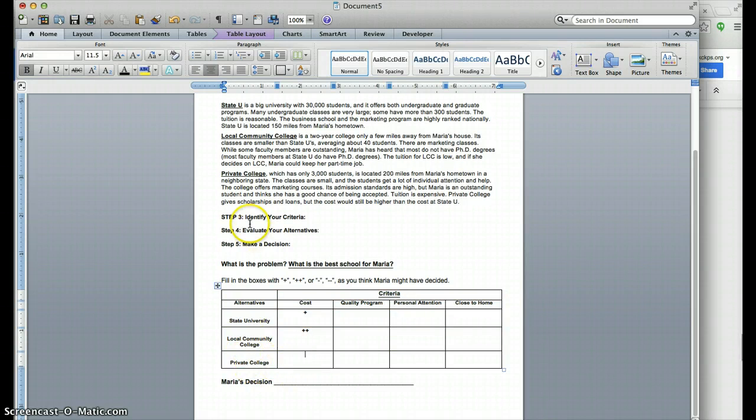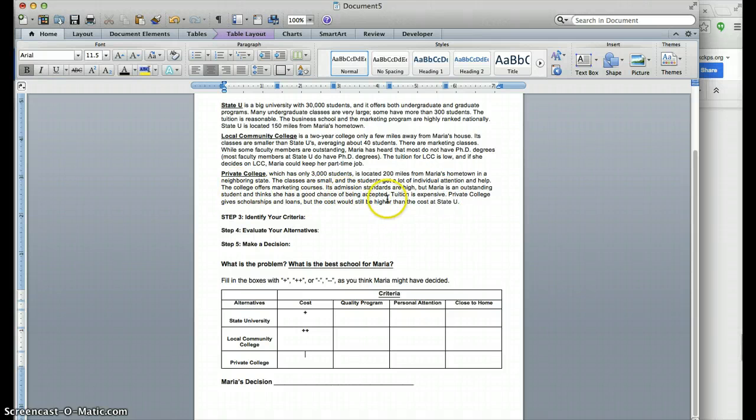What about private college? So let me read the information. Private college, which has only 3,000 students, is located 200 miles from Maria's hometown in a neighboring state. Classes are small, and the students get a lot of individual attention and help. The college offers marketing courses.